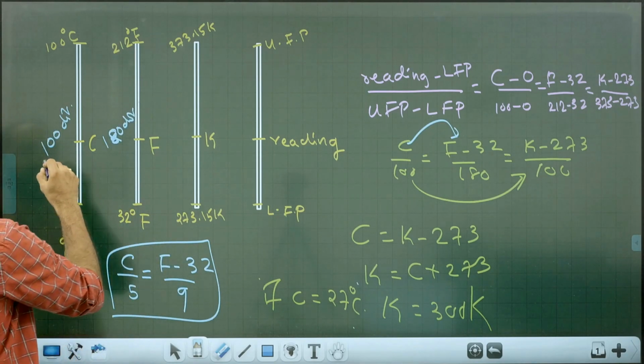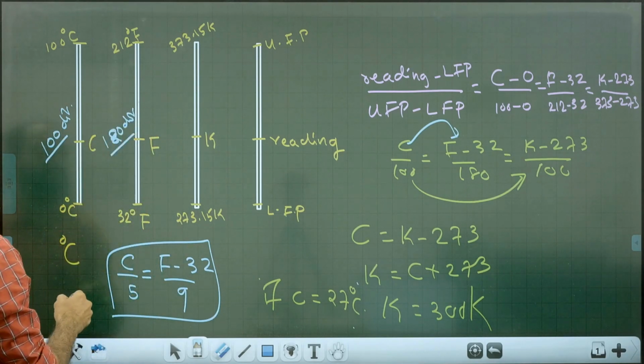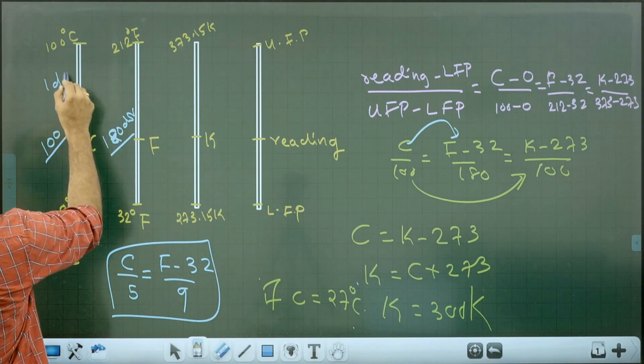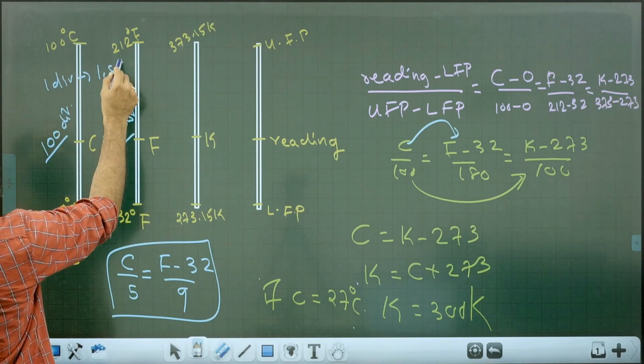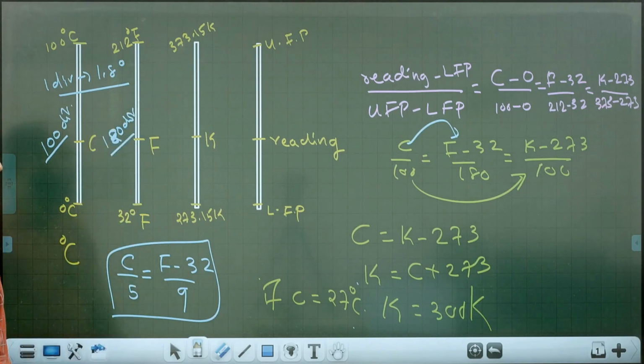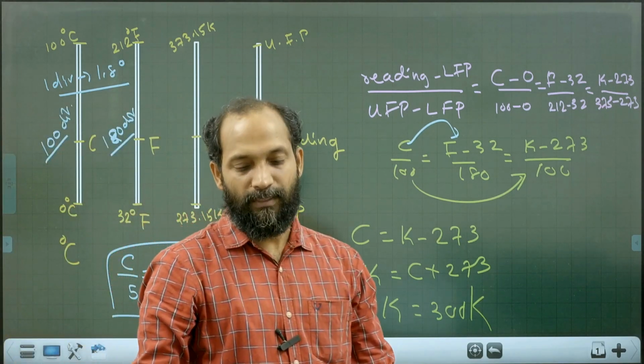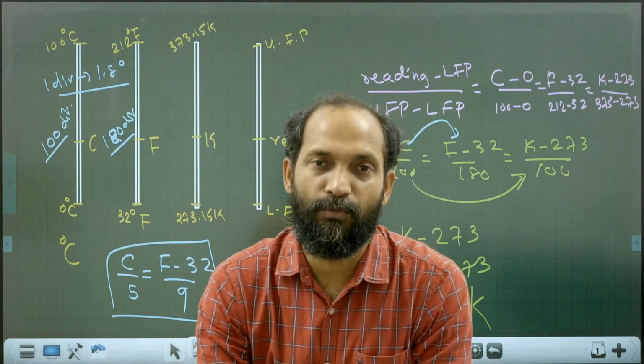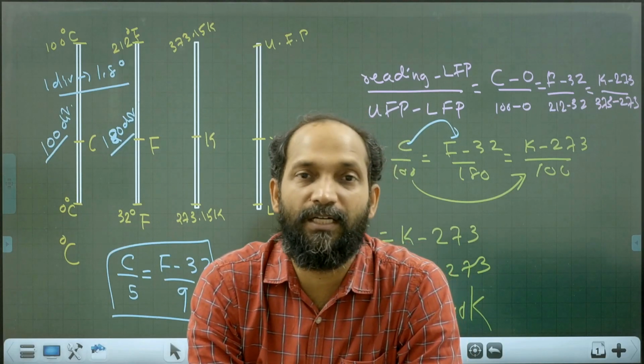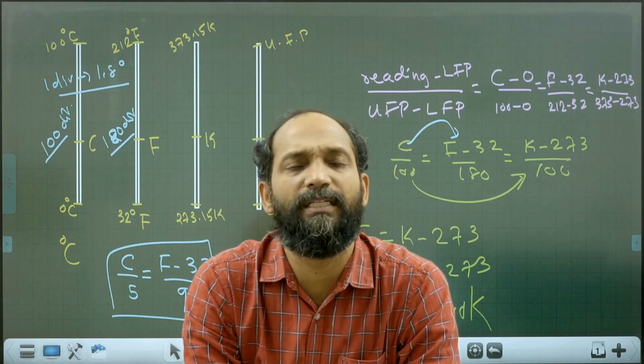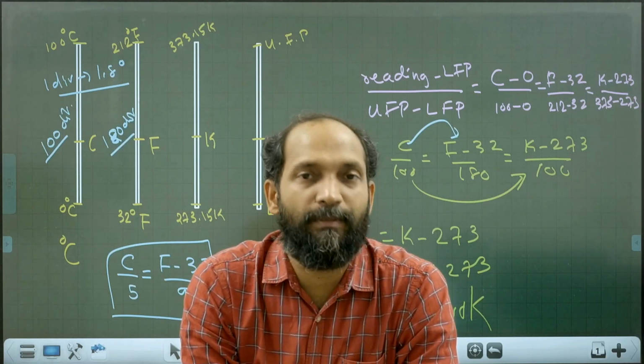Then 100 divisions correspond to 180 divisions. That means one division corresponds to 1.8 divisions in Fahrenheit. So a unit degree rise in the Celsius scale corresponds to a 1.8 degree rise in the Fahrenheit scale.